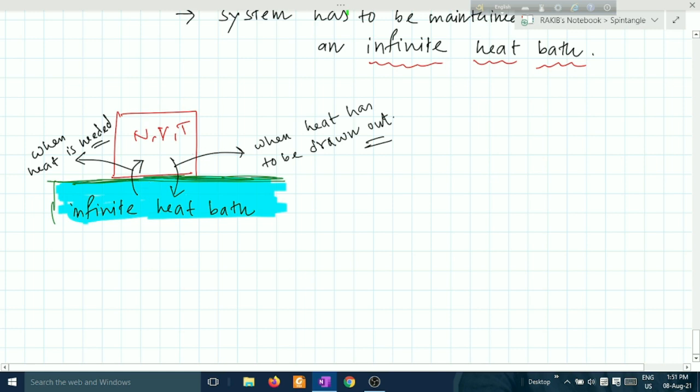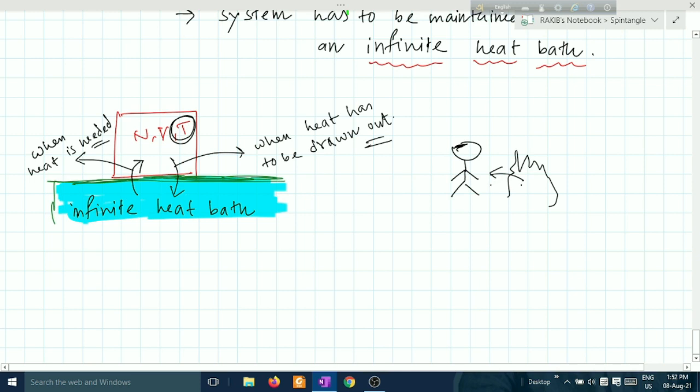Therefore, the infinite heat bath will give external heat to heat up the system, and when the system is heated up by some means, the infinite heat bath will take the excess heat from the system to make it cool down and maintain a particular temperature T. Say, in cold days, in winters, when we feel cool, we keep in touch with a heat object.